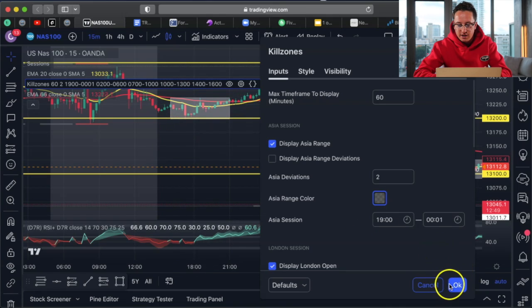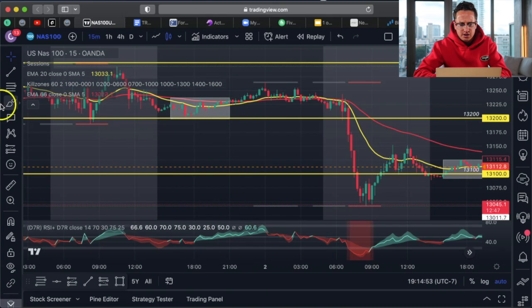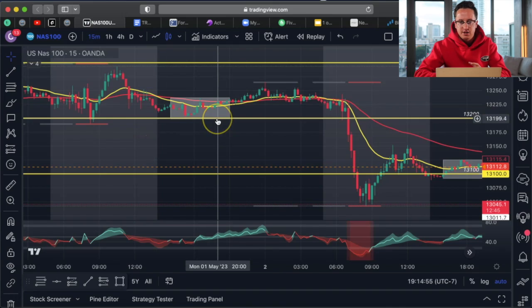This is simply showing us where the Asia session is, because a lot of feedback on what's going to happen during the New York session and at the market open is going to be happening during the Asia and the London and the beginning of the New York session. That's going to give us a ton of feedback that is extremely important for us to figure out whether we're going to go long or short and figure out our bias.